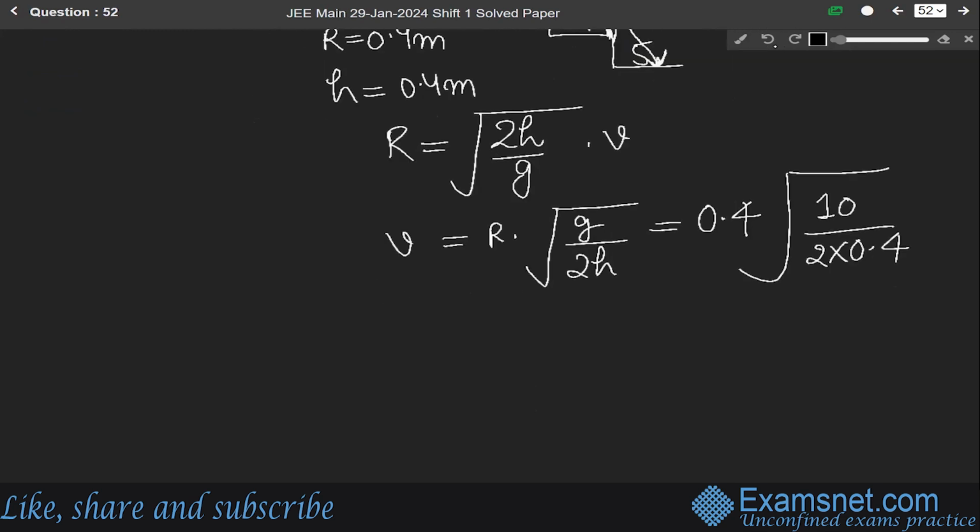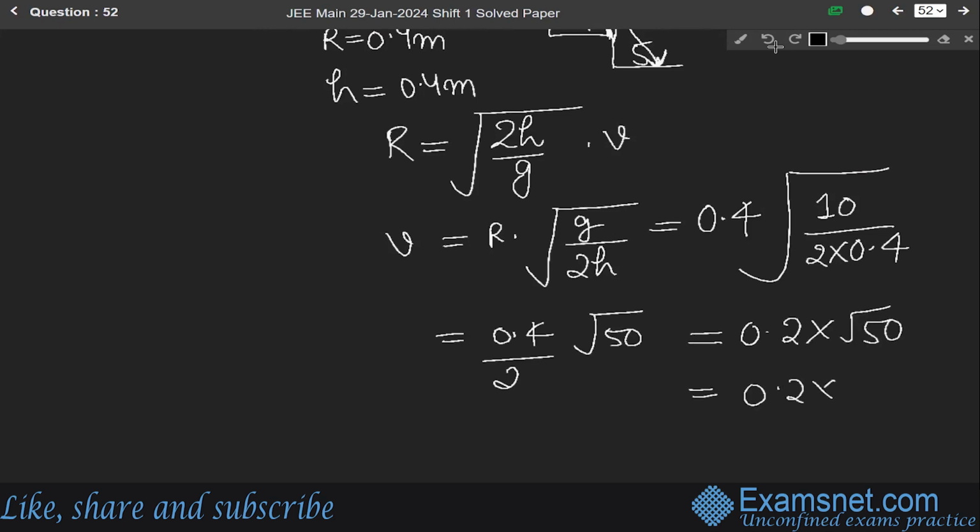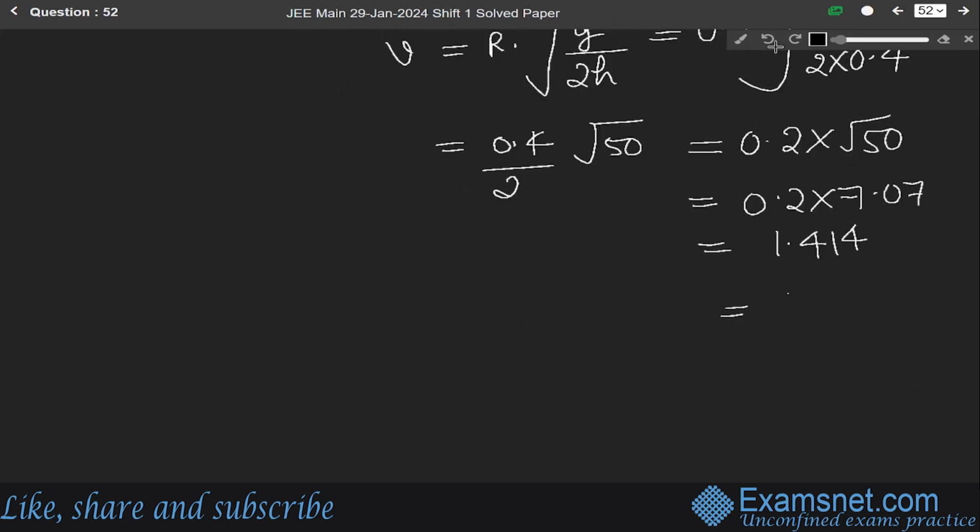So this will become 0.4 over 2 into under root of 50. So this will be equal to 0.2 into under root of 50, means 0.2 into 7.07. It will be equal to 1.414, and 1.414 is what? Under root of 2 meter per second.